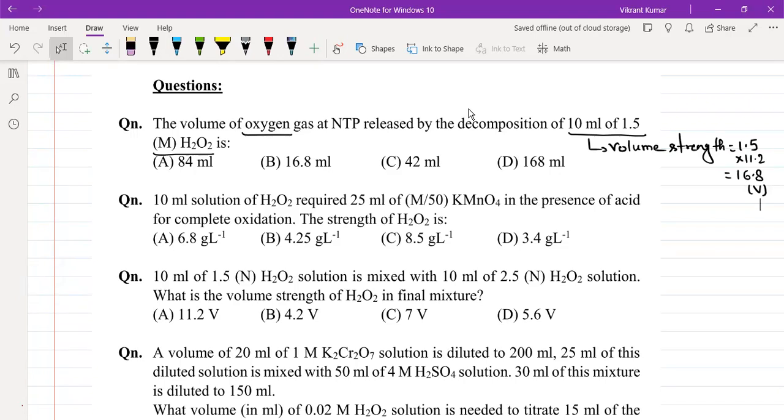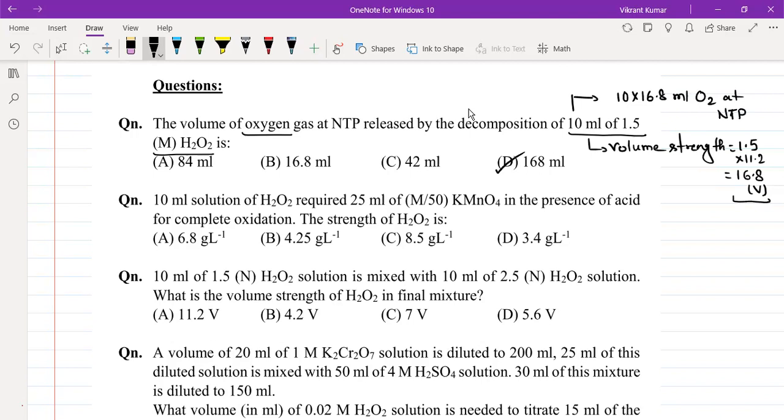That means if I have 1 liter of this solution, I can produce 16.8 liters of O2 gas measured at NTP. But if I have 10 ml only, that will produce 10 times 16.8 ml of O2 on decomposition measured at NTP. And that's why the answer will be D.